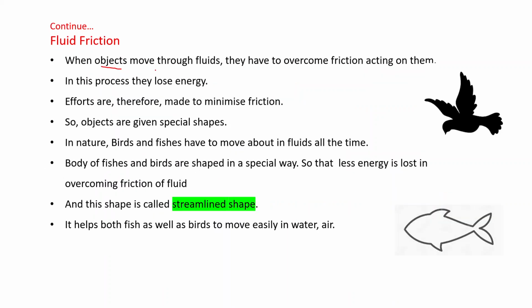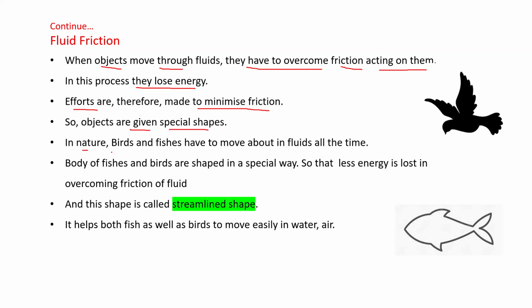When objects move through fluids, they have to overcome friction acting on them. In this process, they lose energy. Efforts are therefore made to minimize friction. So, objects are given special shapes.